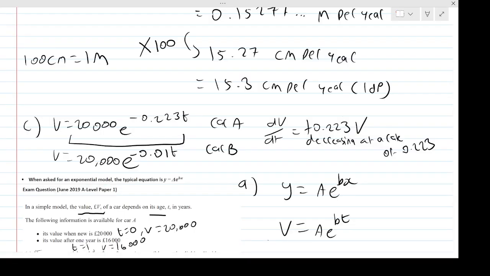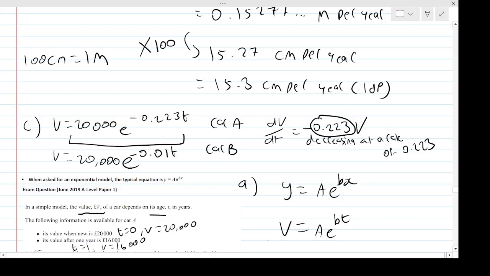But remember, I still want the overall derivative to be a negative value, less than 0, because then it'd be decreasing. I still want it to decrease, but at a smaller rate. Hence the number, which still has to be negative, has to be closer to 0, so it's a smaller physical size. So I want to pick a number that's smaller than 0.223, for example 0.01. That will give me a smaller rate of decrease.